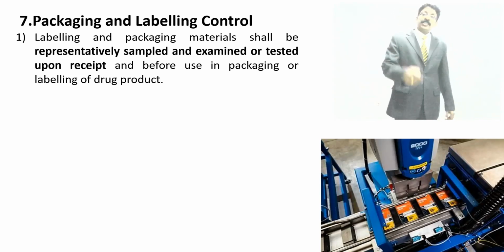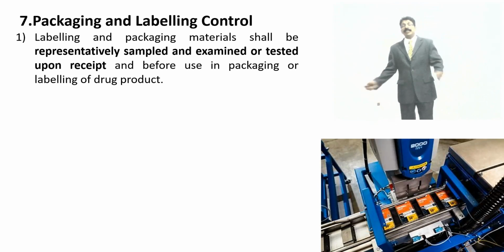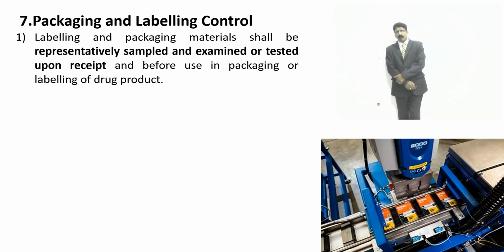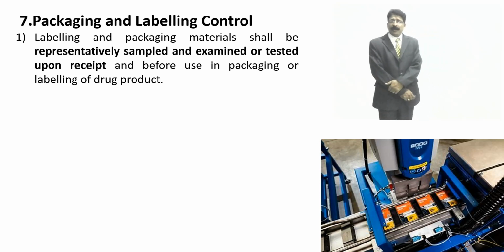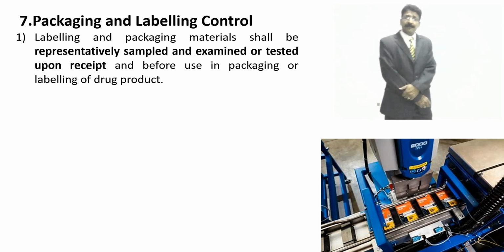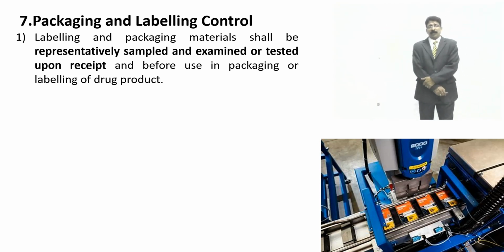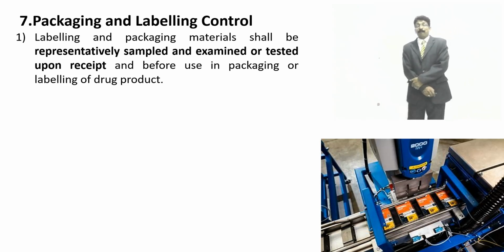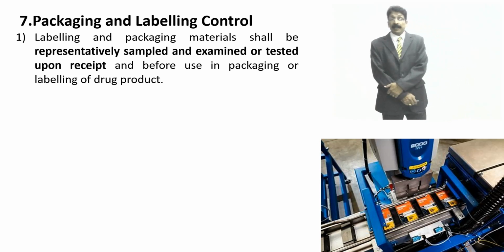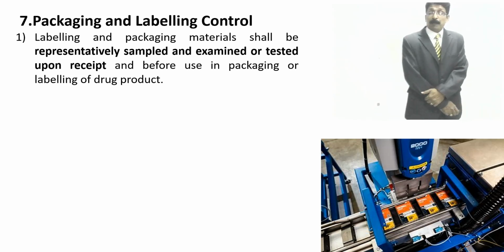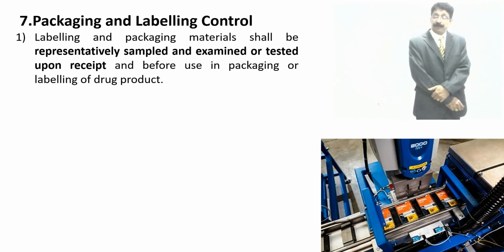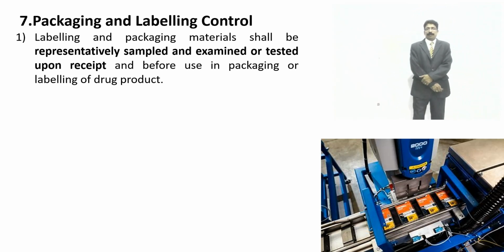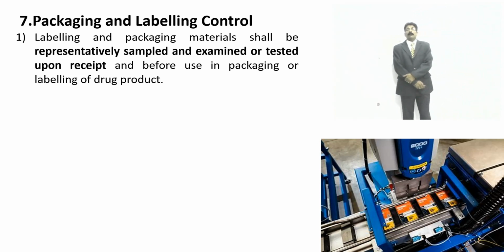This is a machine where, as you might have seen, the label after approval will be fed. Automatically the machine will paste it if it is a liquid, and if it is a tablet blister packing, it will already be printed in the blisters. And if it is an aluminium foil packing, the label will already be printed according to the approval given by the FDA. So that has to be specified and checked according to the product which you are packing.